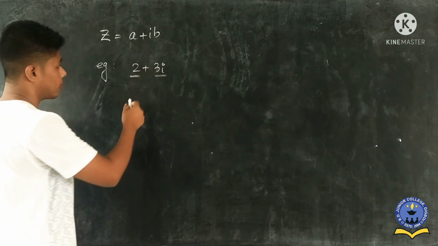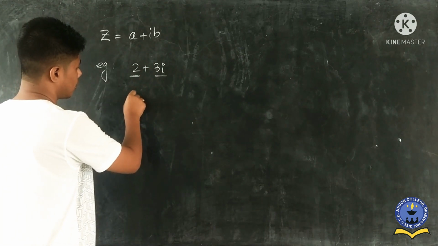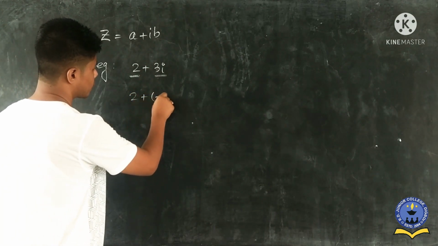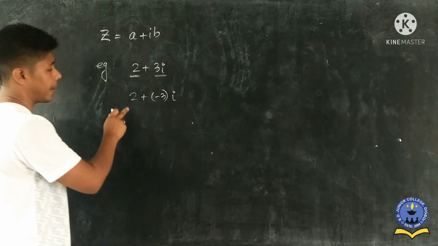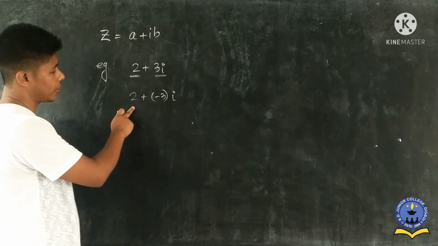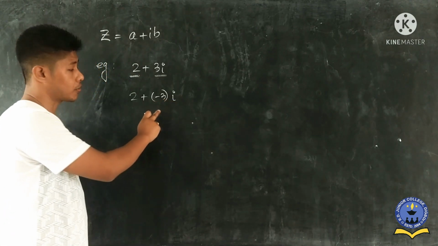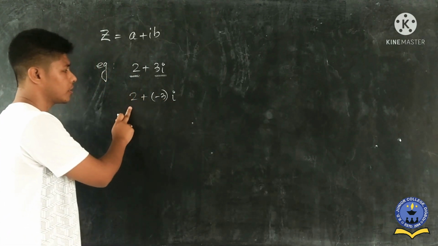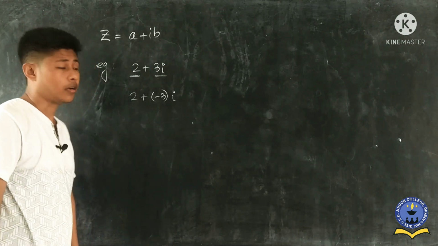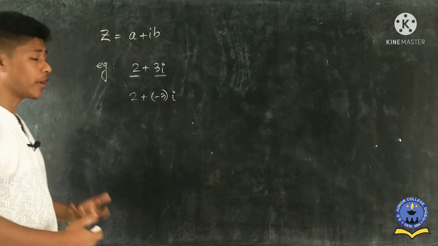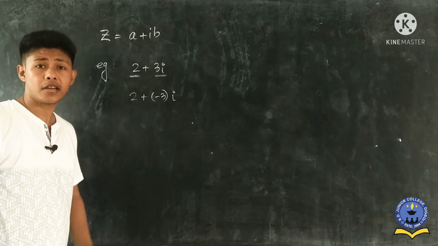Another example, suppose 2 plus minus 3 into i. Again 2 is the real part and minus 3 into i is the imaginary part, and 2 and minus 3 are real numbers. So any number we can express as a complex number.